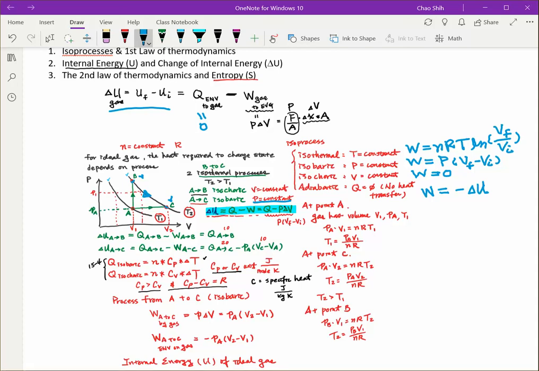Another thing we want to look at is the Q. We talked about the work, so now let's look at the Q. If the process is not adiabatic, then you're going to have a value for Q. This has two different situations. If you are isobaric or isochoric, their Q is going to be different.